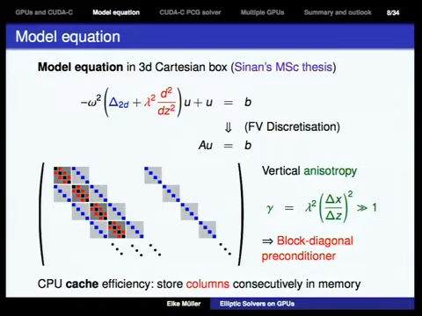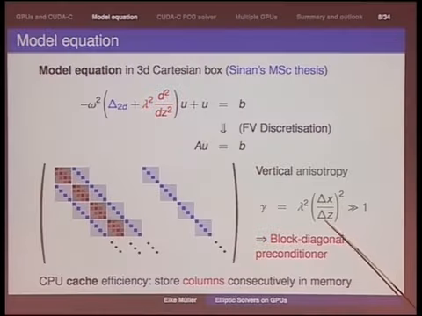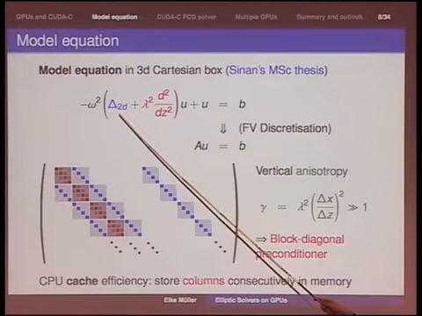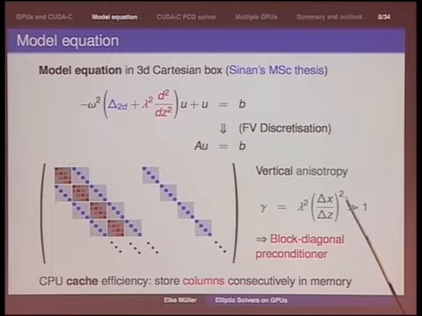And what I said before is there's a very strong vertical anisotropy. So the ratio between the horizontal coupling and the horizontal grid size and the vertical grid size is large. So this gamma here, which basically sets the size between this term and this term, is very large.